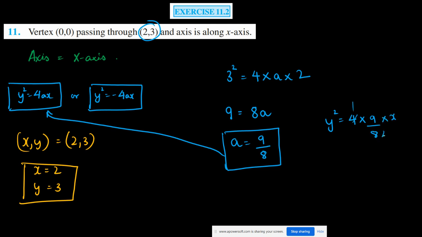This is one time and this is two times. You will be getting y square is equal to 9x divided by 2. Cross multiplying, you will be getting 2y square is equal to 9x. This is going to be your final equation of the parabola.